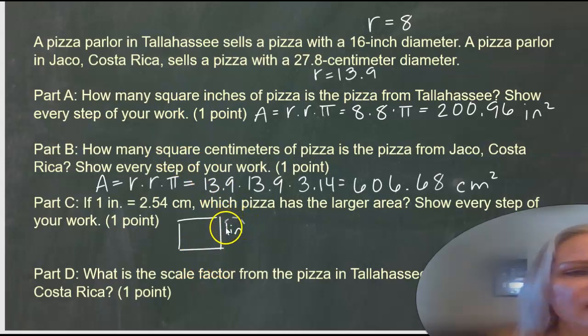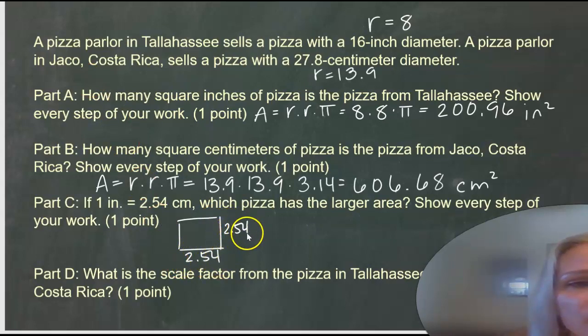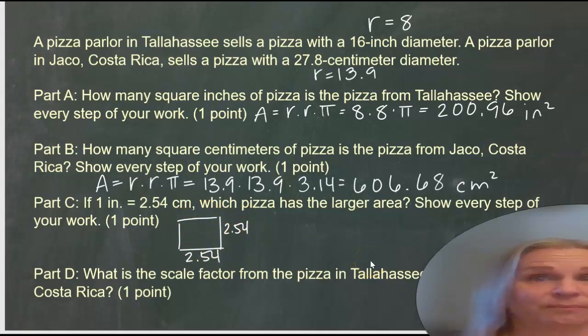Now, if we're saying that each one of these inches is 2.54 centimeters, that means this is 2.54 centimeters, and this is 2.54 centimeters. What's that area? Well, we have to multiply, right? 2.54 times 2.54, I'm going to round to the hundredths place again, is 6.45.